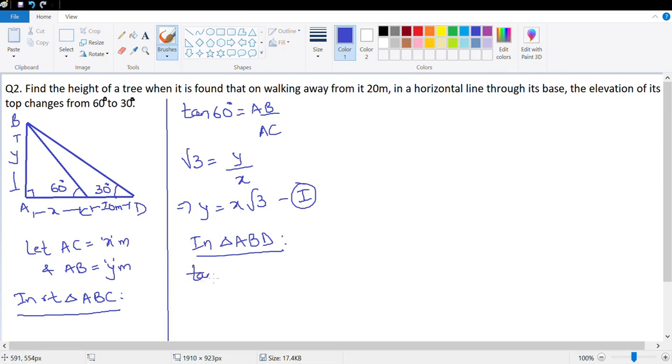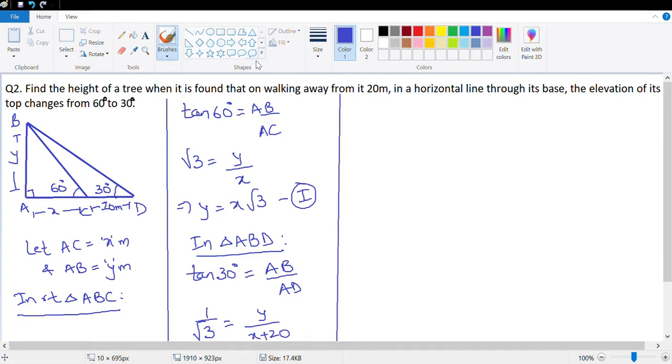So tan 30 degree would be equal to AB upon AD. Tan 30 degree is 1 upon root 3. AB is Y and AD is equal to X plus 20. So let's solve this one. This would become Y root 3 is equal to X plus 20.